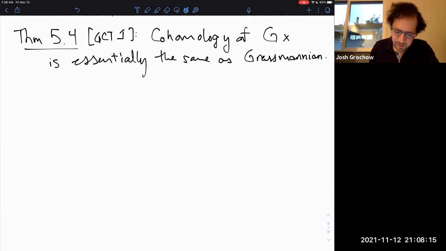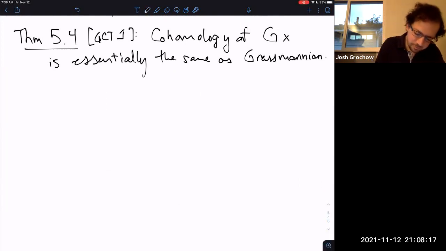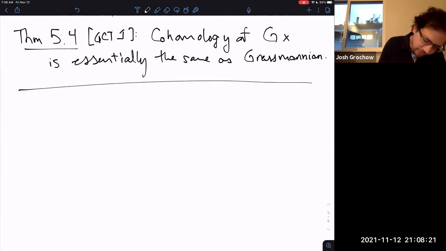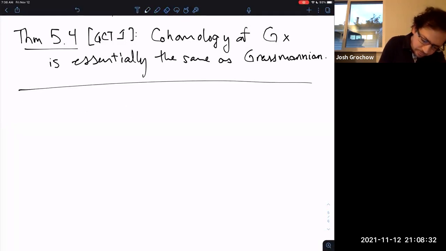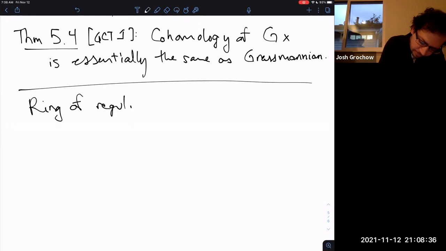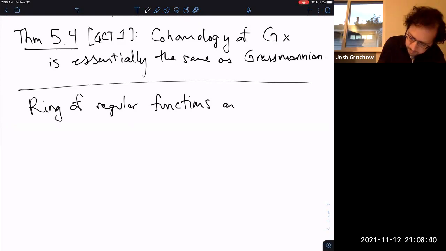So this is maybe now a little bit of a break. Maybe I should say ring of regular functions rather than coordinate ring. So the ring of regular functions on the orbit Gx.